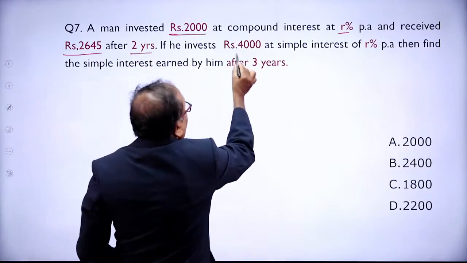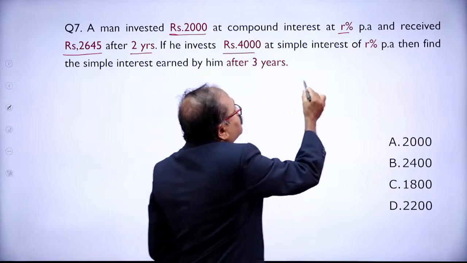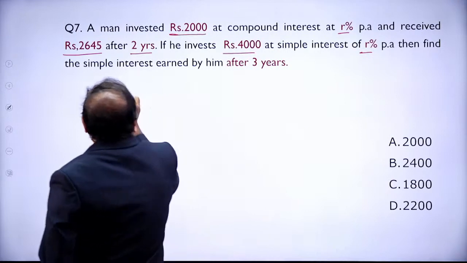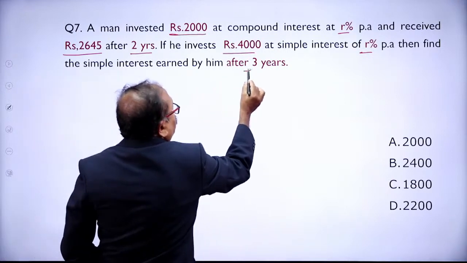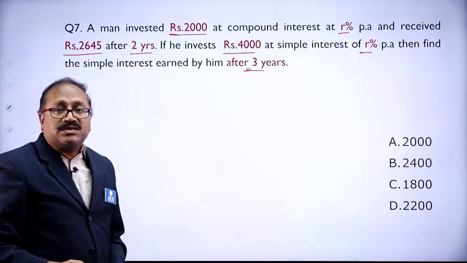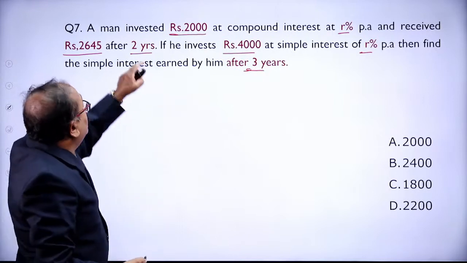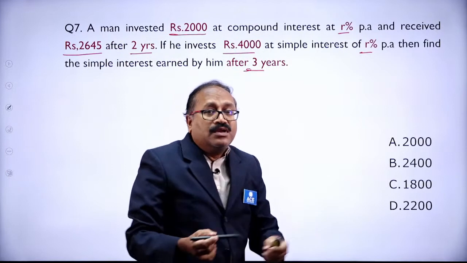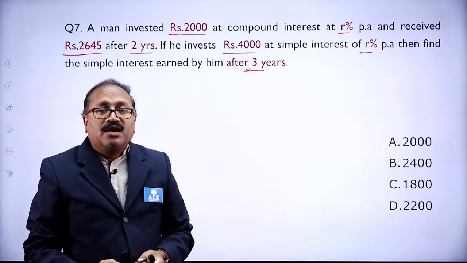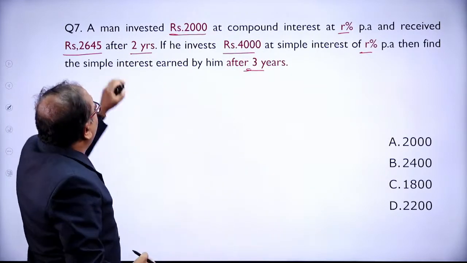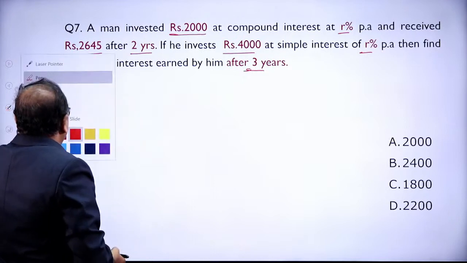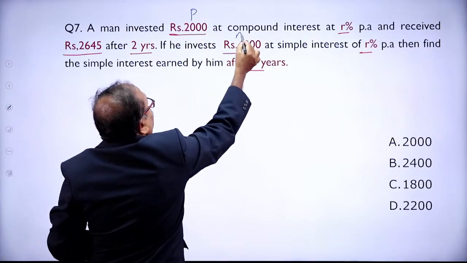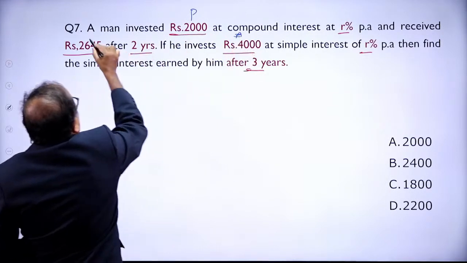Now, if he invests rupees 4,000 at simple interest at R% per annum, then find the simple interest earned by him after 3 years. So the same R which is used over here is given in case of simple interest. How do I find out the R? When we have this information given to us, this is P and this one is A.